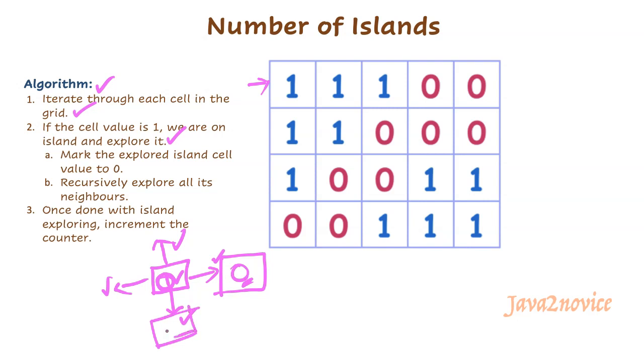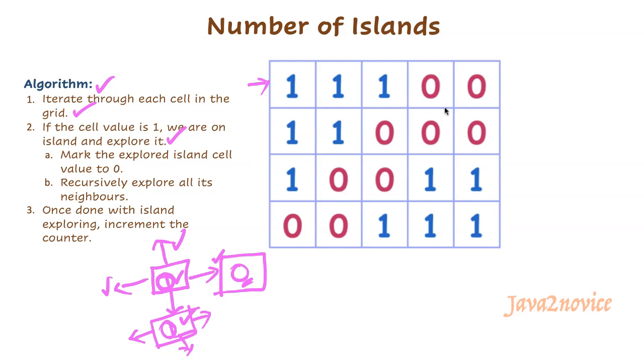So here, let's say that it has 1. Again, we will try to explore its neighbors. Before exploring its neighbors, we will mark its value as 0 and we will start exploring its neighbors in all 4 directions except diagonally. We will use recursion to explore neighboring cells.